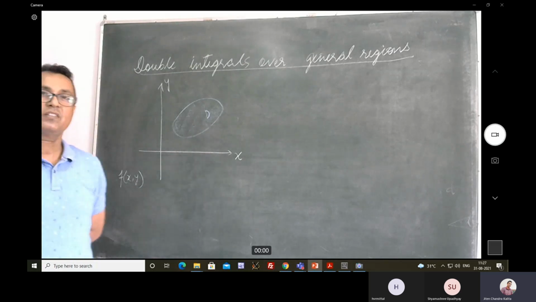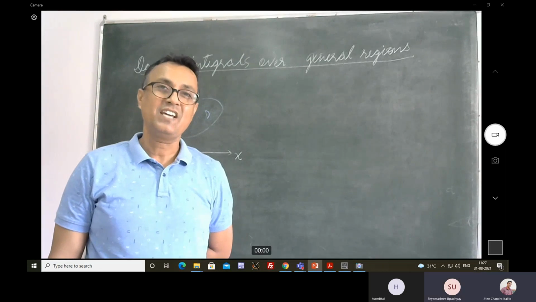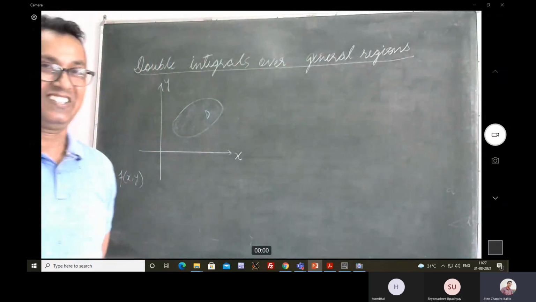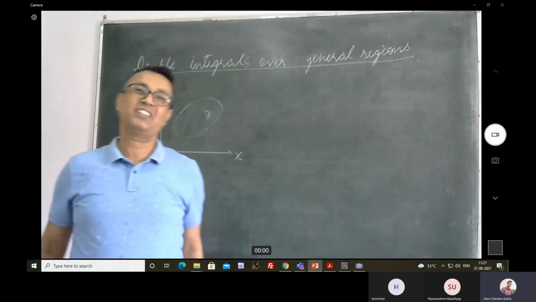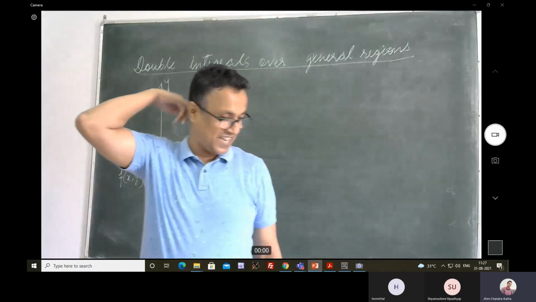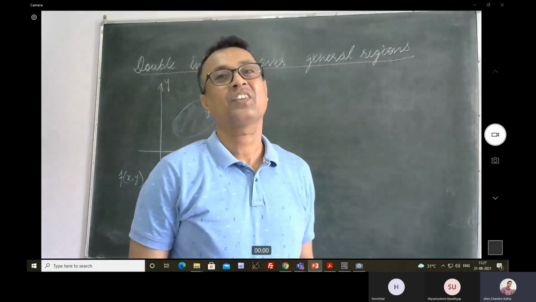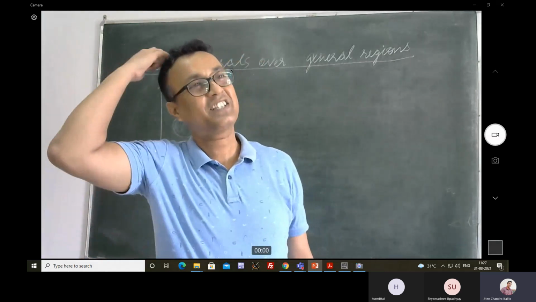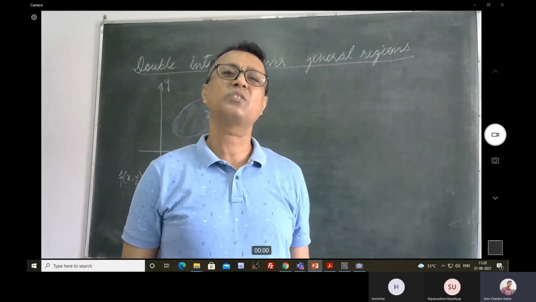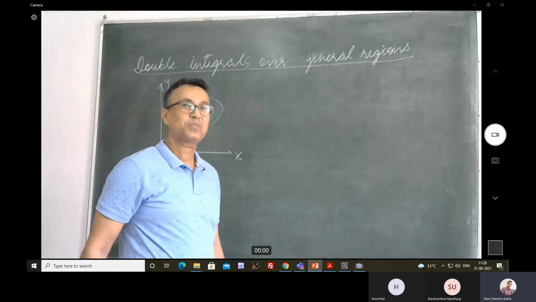That means we should be able to enclose it inside a rectangle. Generally in 2D, if it is bounded, they assume they can enclose the region inside a finite disk. But here, instead of a disk, we are going to take a rectangular region, so that it is easier for us to integrate.